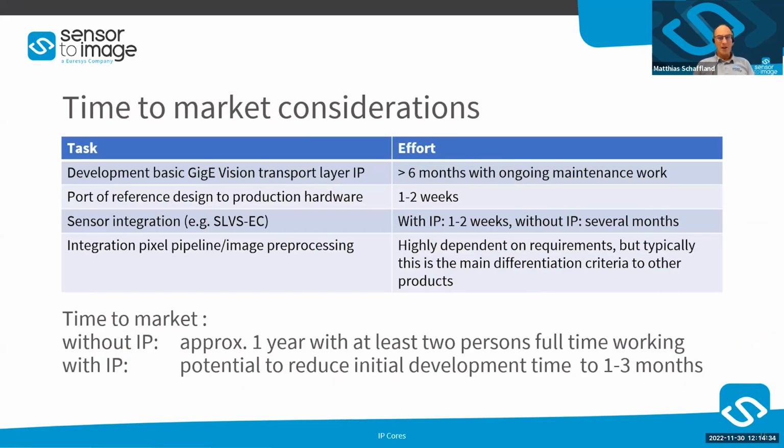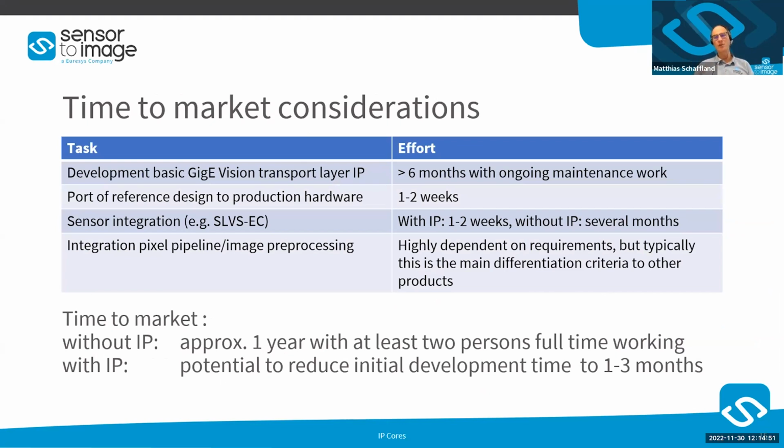Yeah, to give you some arguments why to use IP cores, some typical tasks you have to do when doing everything from scratch. Development of a basic vision transport layer IP core.